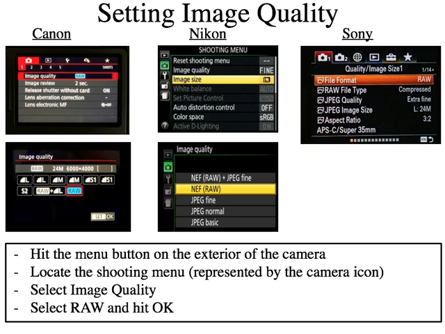Select RAW and hit OK. You will need to shoot RAW for all projects in this course, so go ahead and change your file type to RAW now. If you have different RAW file sizes as options, choose the largest size possible.